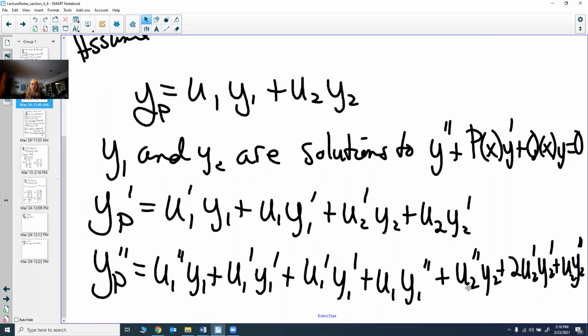And the same thing with u2 double prime times y2 plus 2 u2 prime y2 prime, and the 2 came from because there's going to be 2 of them like there was on the other one, plus u2 times y2 double prime. And that will always be the case whenever we're assuming that y sub p is u1 times y1 plus u2 times y2. So you won't ever have to find these again. They're always going to be the same.